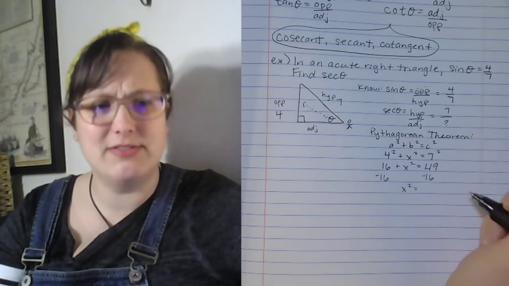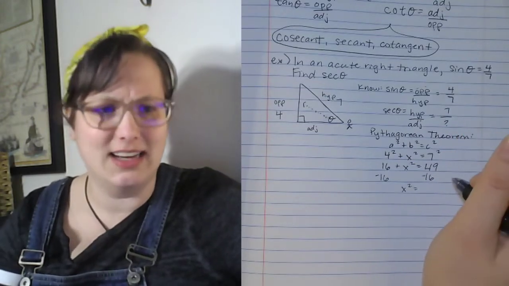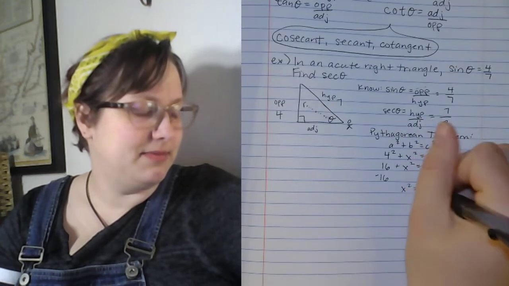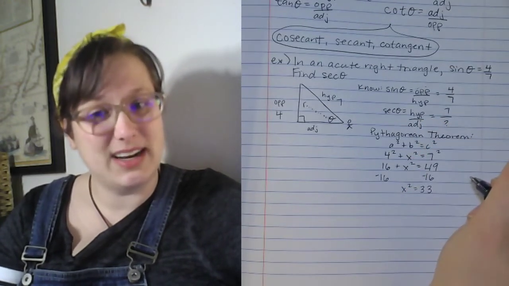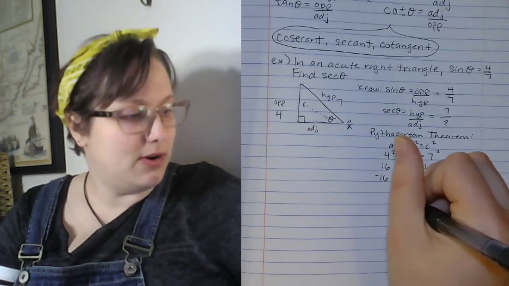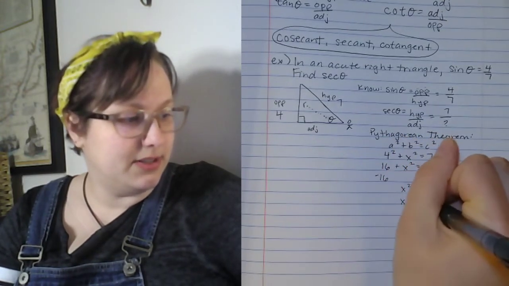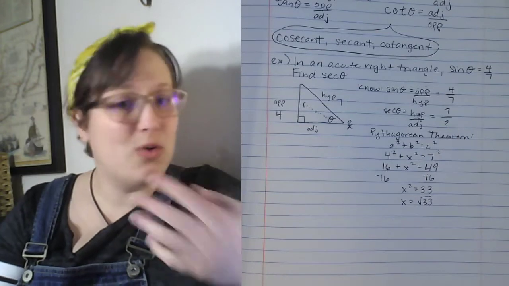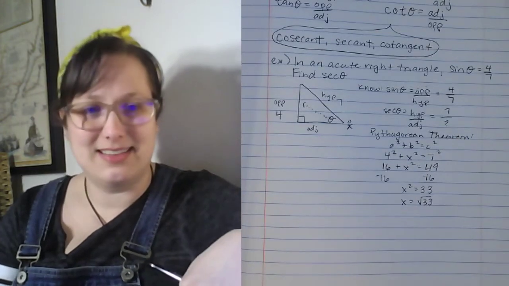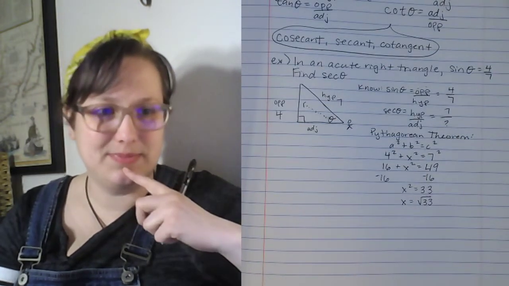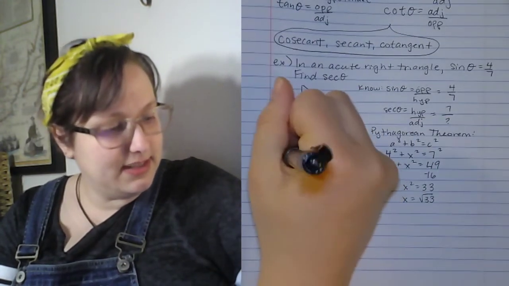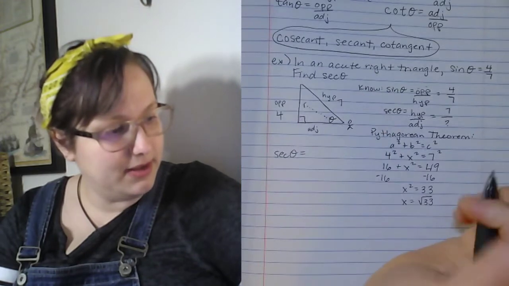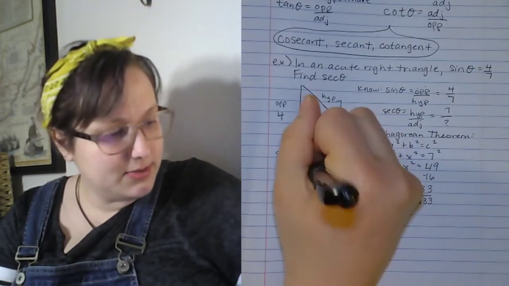I know I'm going too fast. Pause the video, it's fine. 33 is not a nice square root. If it was 36, that'd be pretty nice. So all we say is that x equals the square root of 33. Or a nicer number if our calculator tells us that, but we're going to leave it alone. So because of that, I know that secant theta is going to be 7 over the square root of 33.